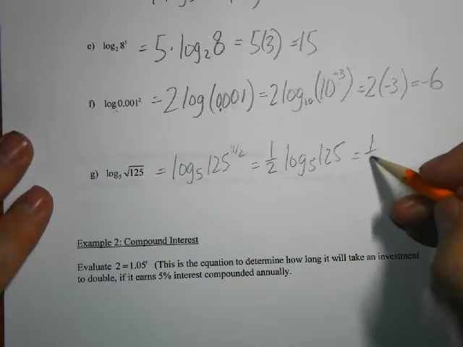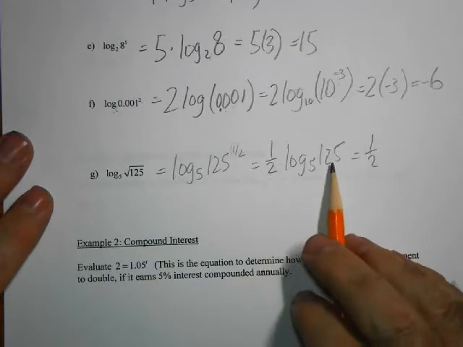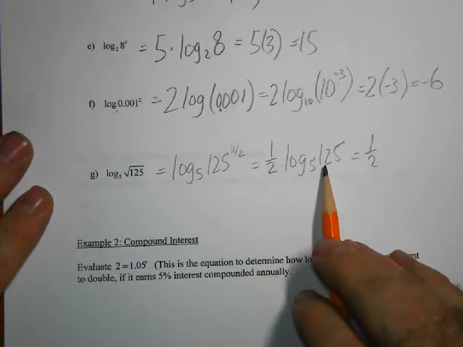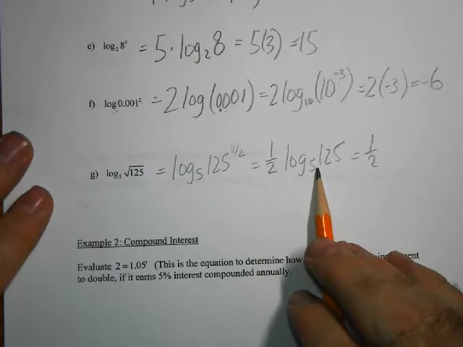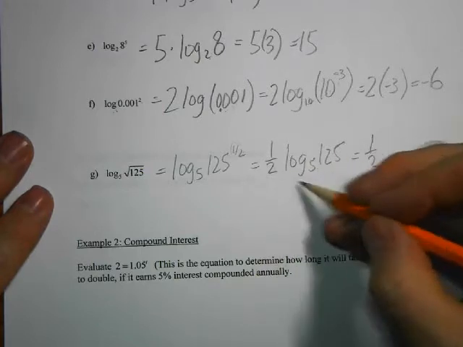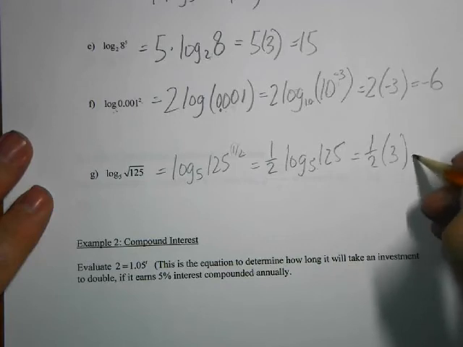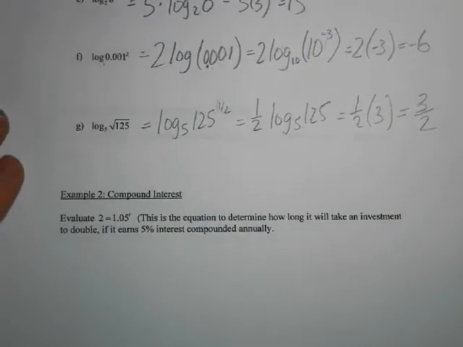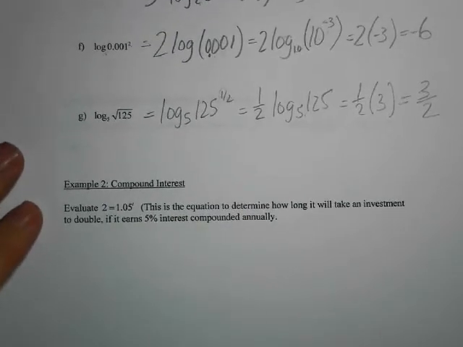So what power would I have to raise the base 5 to get 125? 2 would be 25 and 3 would be 125. So that log is equal to 3. So my final answer is 3/2.